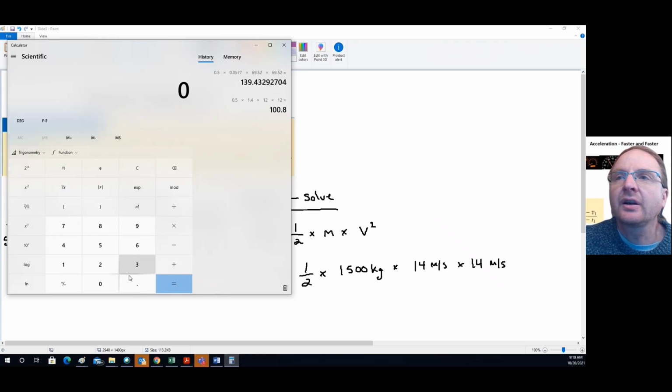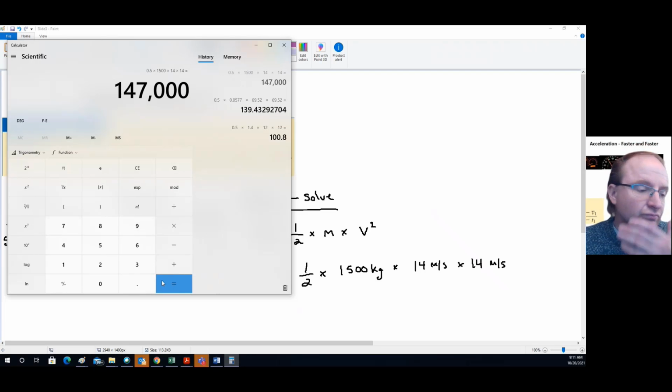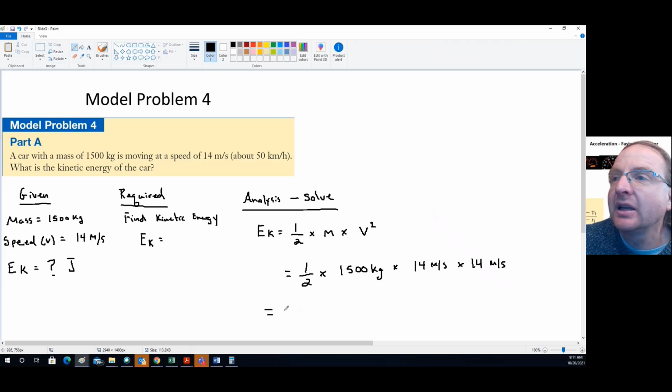Let's go clear, clear, clear. 0.5 times my mass, 1,500, times velocity again. Big number. Definitely not going to need that many zeros because we wouldn't be that exact. Equals 147,000 joules.